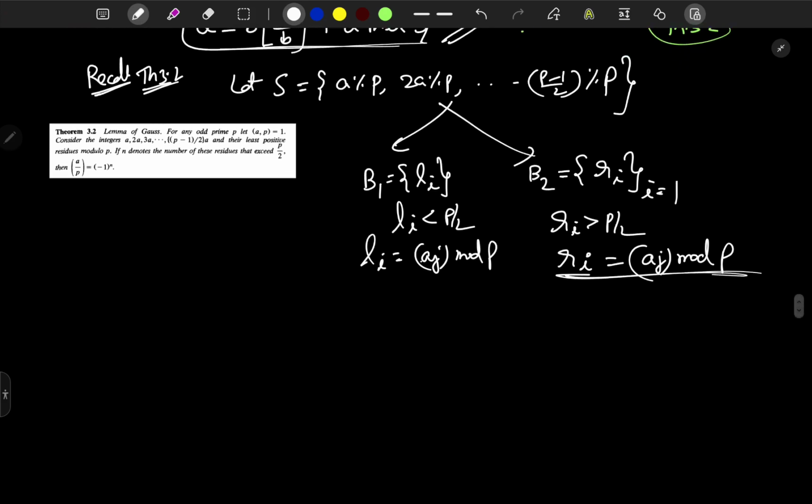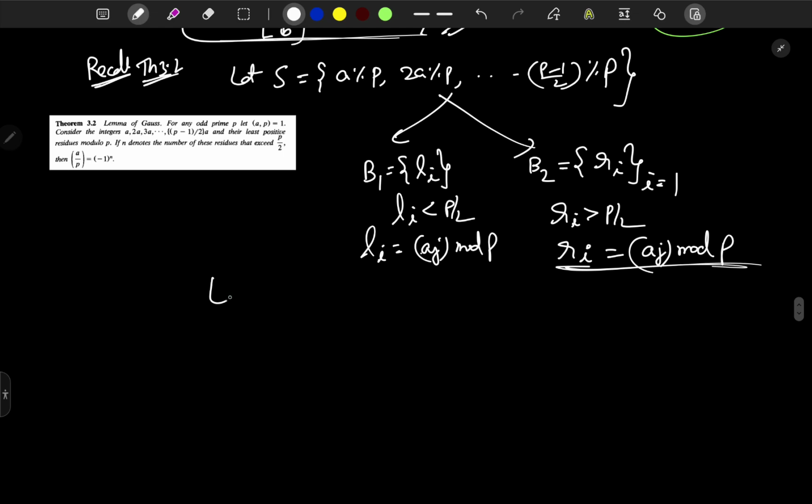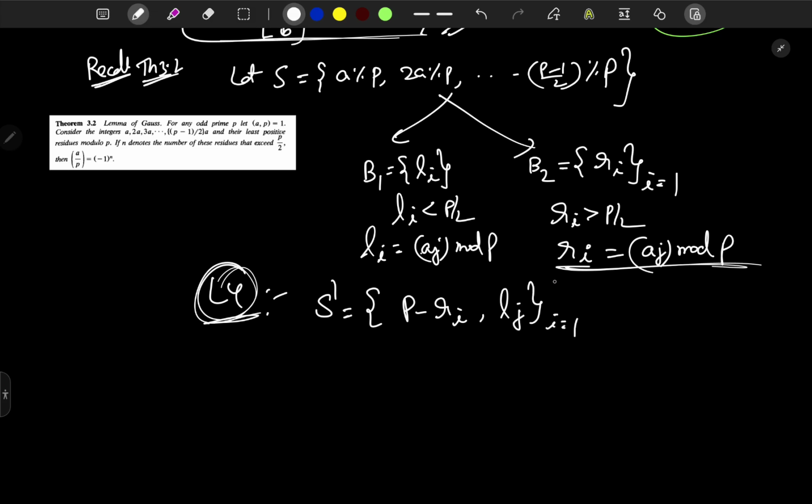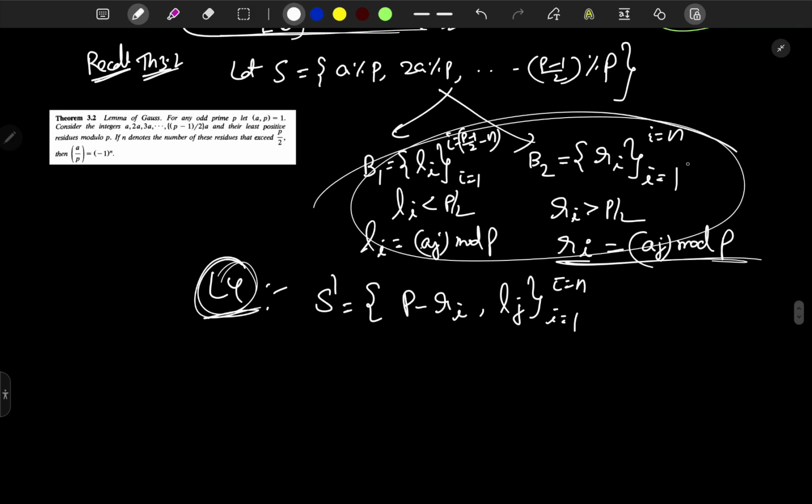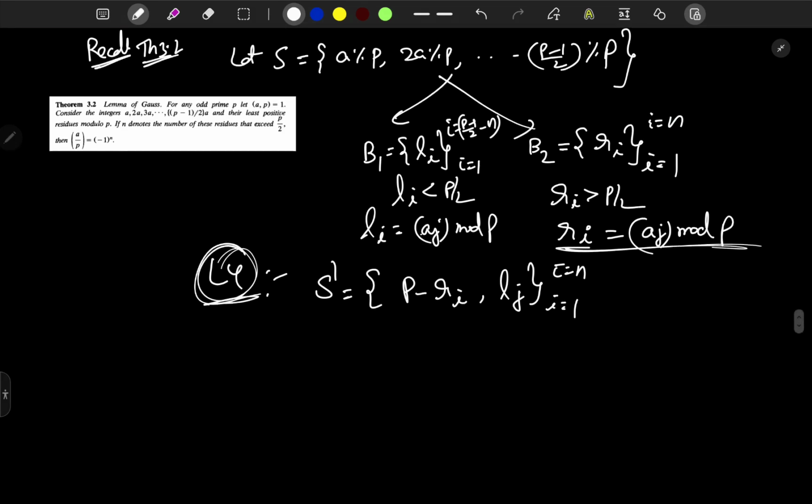So we are having it like this. If you go and watch lecture L4, we have seen that we considered a set S dash such that we are having p minus ri and li, let's say lj, for i equals 1 to n. So this set has 1 to n, and this set has (p minus 1)/2 minus n elements. All these details we have discussed in L4, you go and watch it.